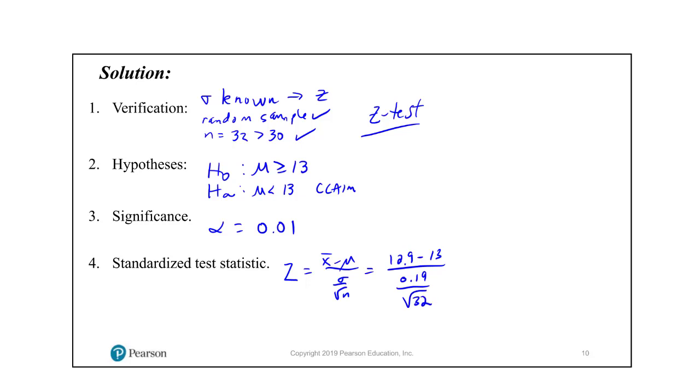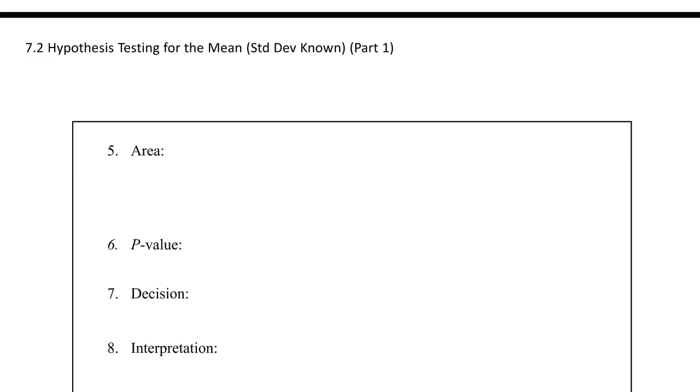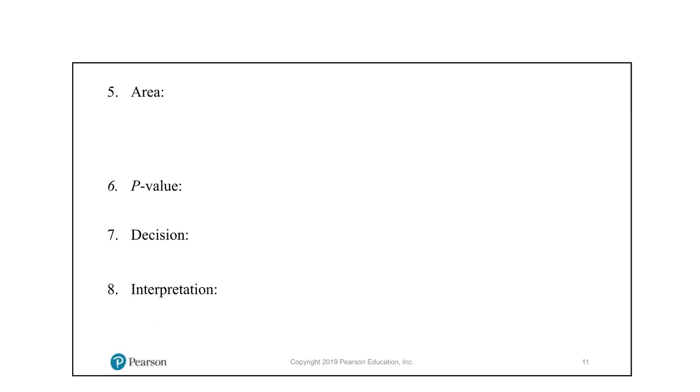All that we figured out from the given information. That's approximately negative 2.98. Okay, so that was just doing this calculation here. We get negative 2.98 for z. All right, so what does that mean?